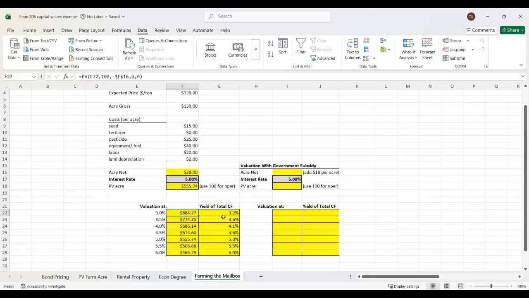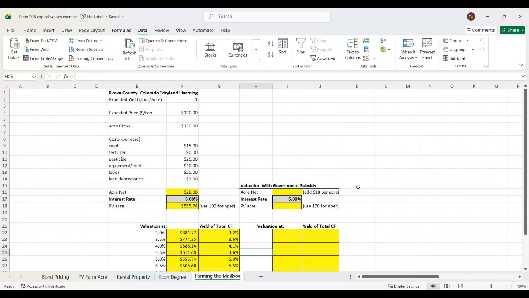You can see the yield converges to the valuation. And that's the logic, because if the yield were higher, the capital value would go up until the yield equilibrates. If the yield were lower, the capital value would fall until the yield equilibrates.